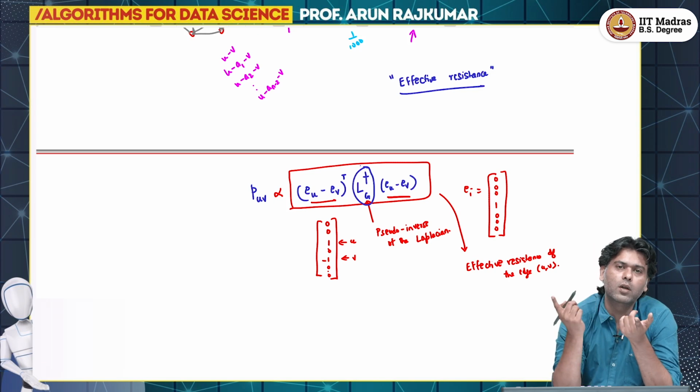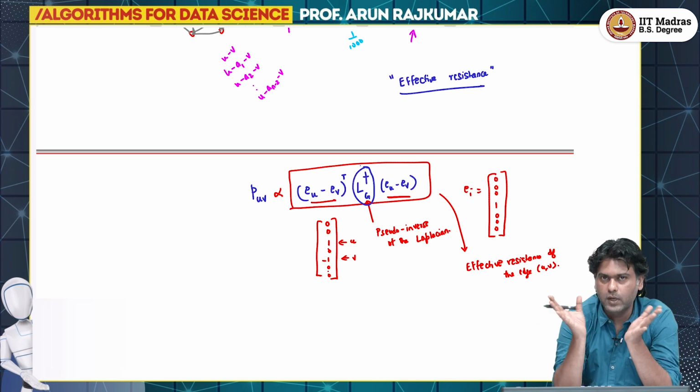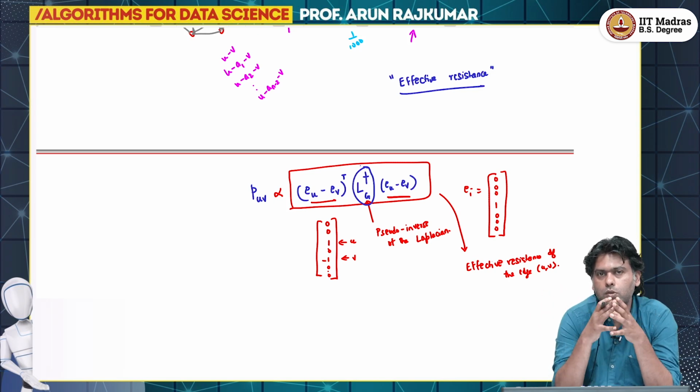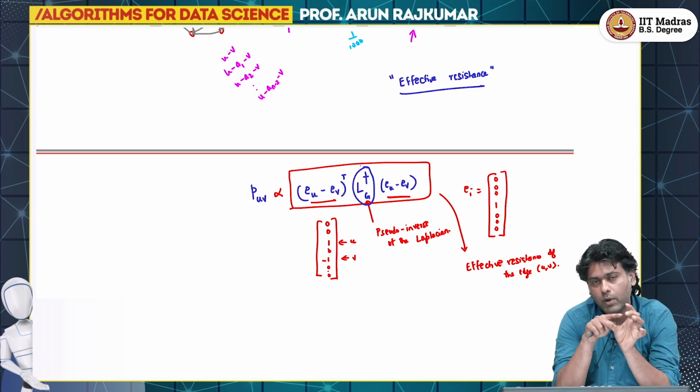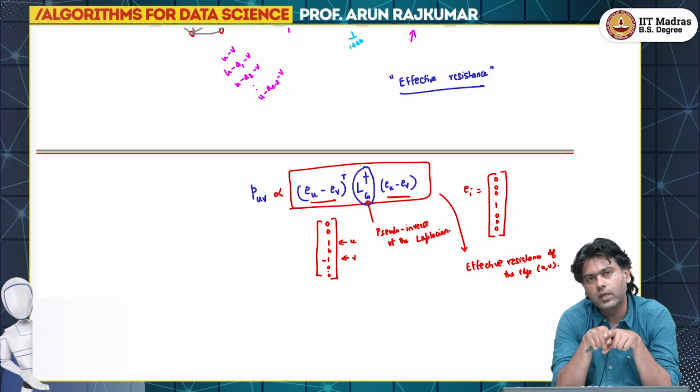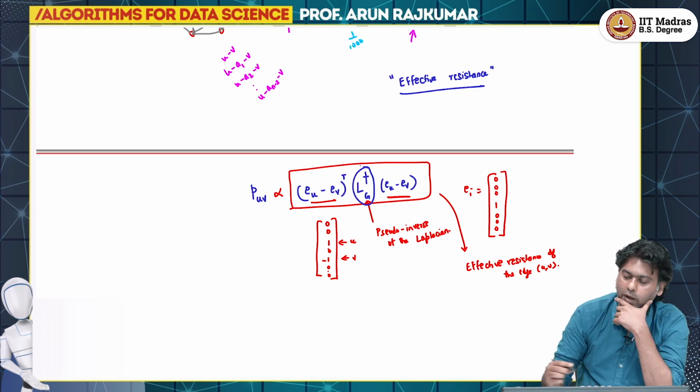Because we could not compute the original graph's eigenvectors in a computationally efficient way, we wanted a sparse graph, but then to compute the probabilities for sampling, we need the pseudo inverse of the original graph itself. So, which means a chicken and egg problem, right. So, how can we avoid this?